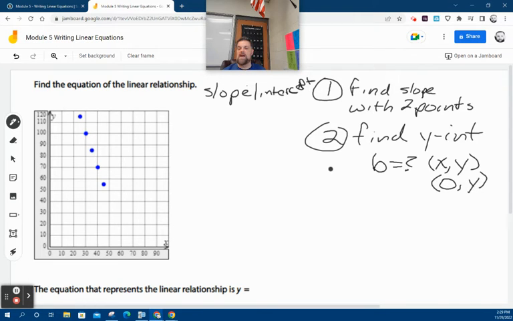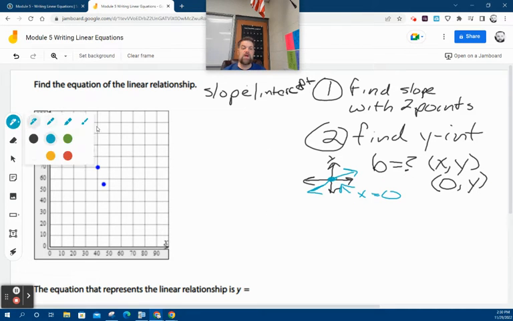On a graph, the y-intercept crosses the y-axis. And anywhere on the y-axis, no matter where the line crosses, x will always equal 0. That's what puts it on the y-axis.